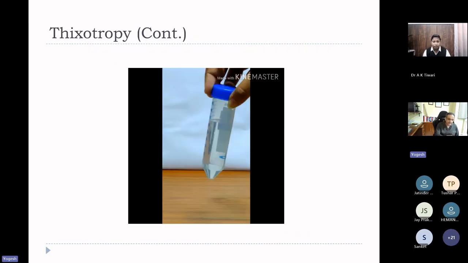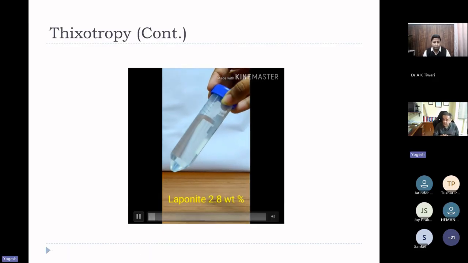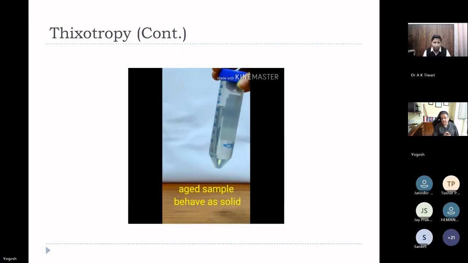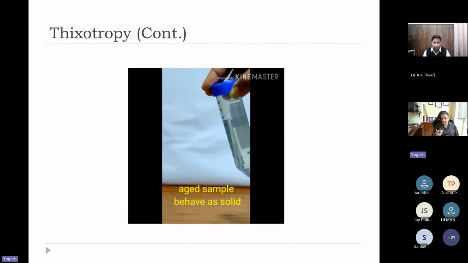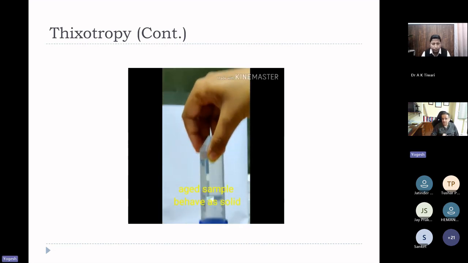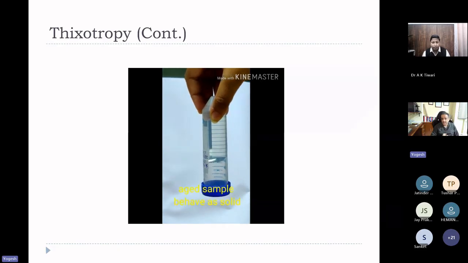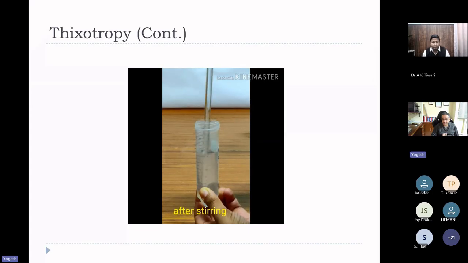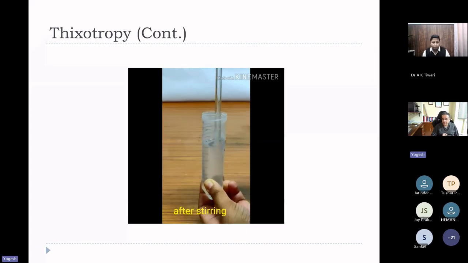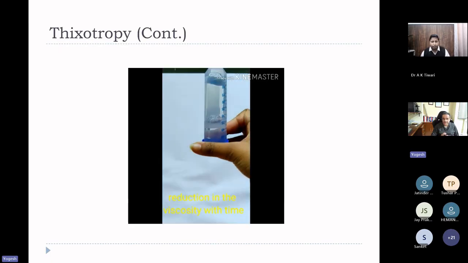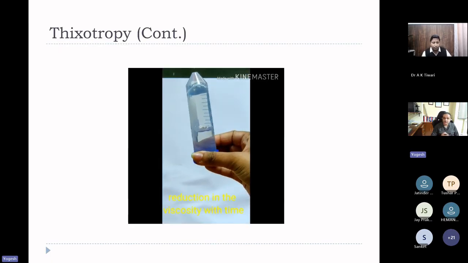Then we take the same material, here at a lower concentration, closer to 1 volume percent. You can see that this sample is a solid. When you turn it completely upside down, it does not flow. But now you take a rod and just stir it. It becomes viscous. You can very clearly see that when you turn it upside down, it flows completely.